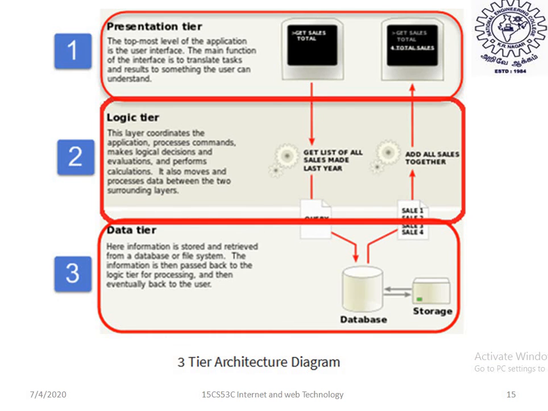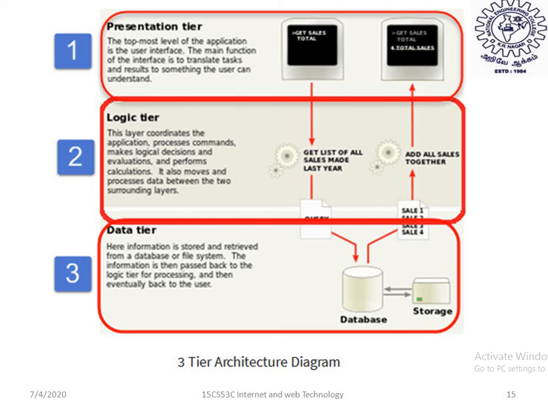Let us discuss about the 3-tier architecture in brief. As I already told, presentation tier is nothing but a user interface. Here the user interface, they are asking get sales total. So this thing enters into the logic tier and gets list of all sales made last year.